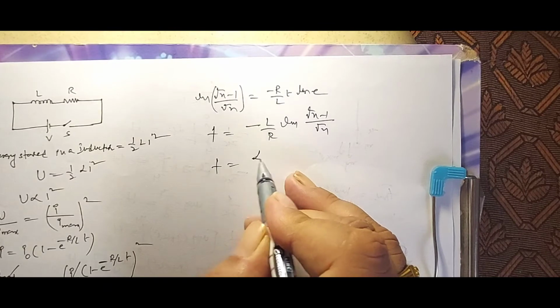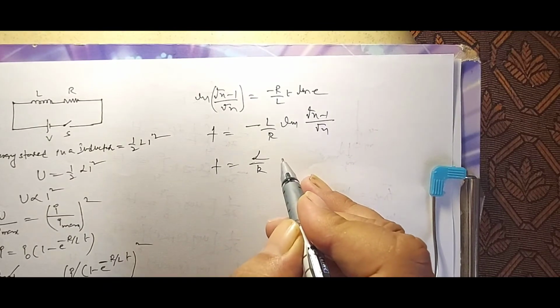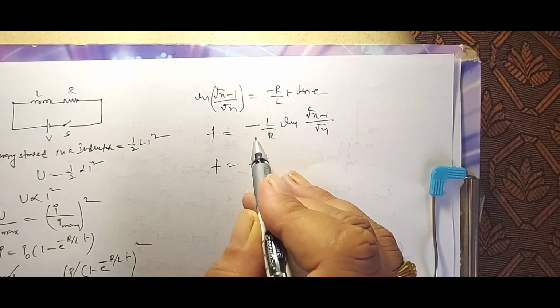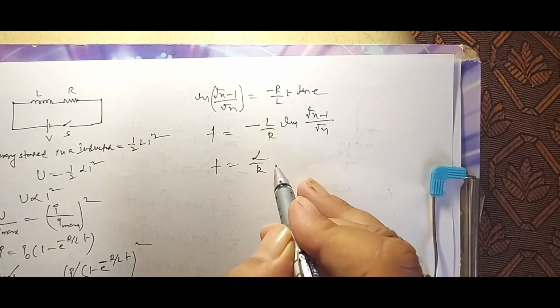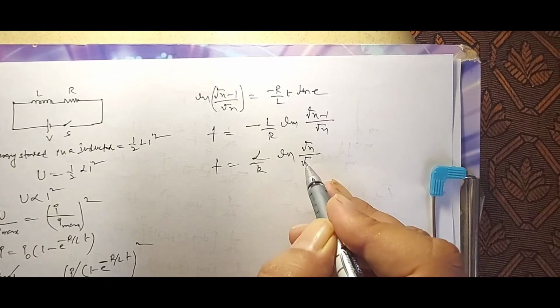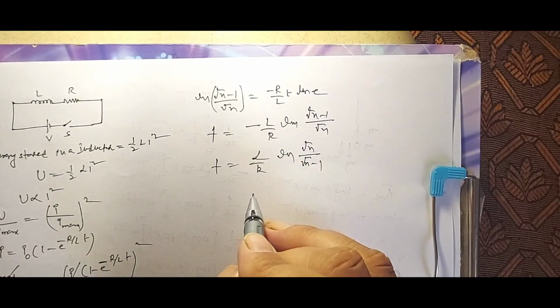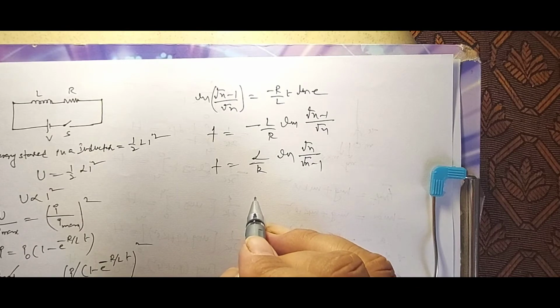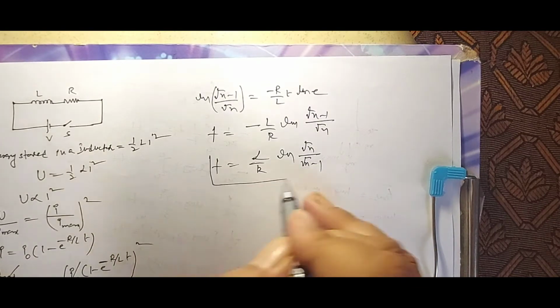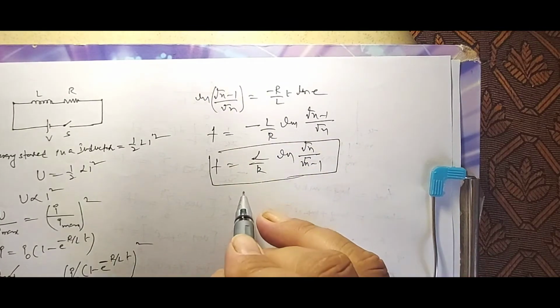This can be written as L by R ln of root n by (root n minus 1). So our option is option 2.